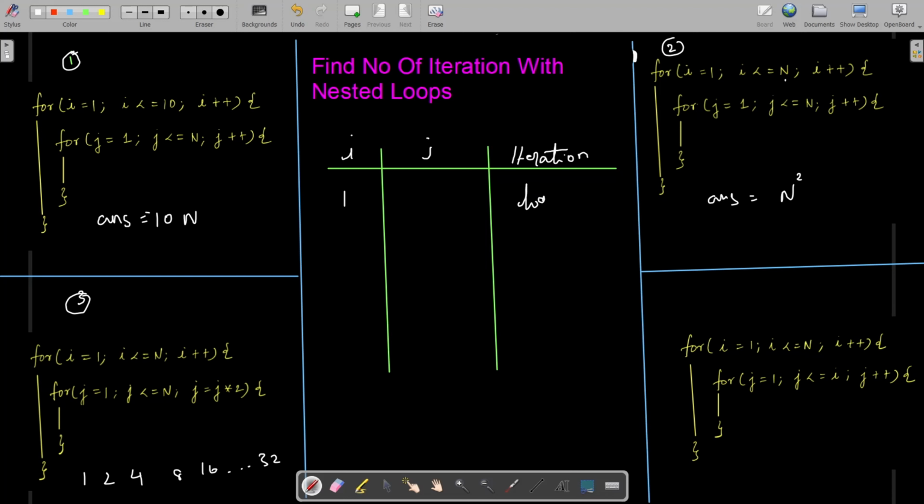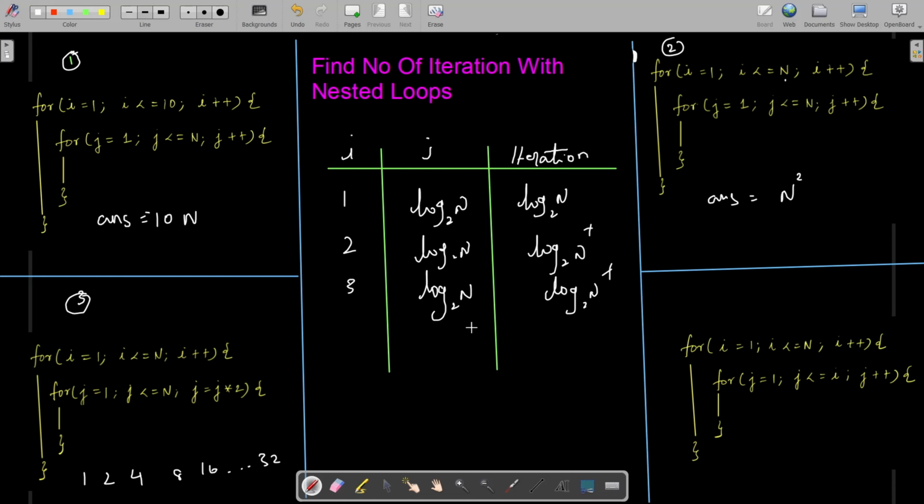So j will take log n. The total iteration is log n plus. Again, if your i is 2, j will take log n again. If i is equal to 3, at that time also the j loop will take log n. If your i is equal to n, then j will run log n, so the total iteration is log n. But how many times do you need to add this log n? n times.